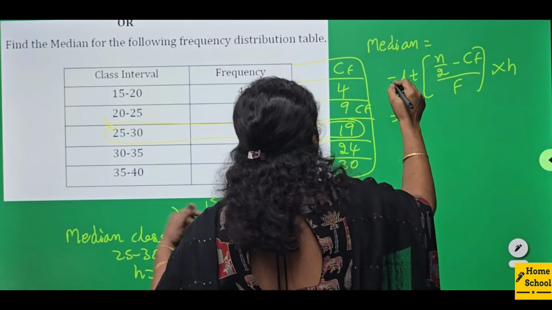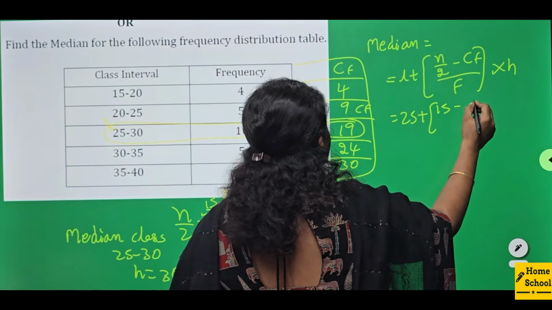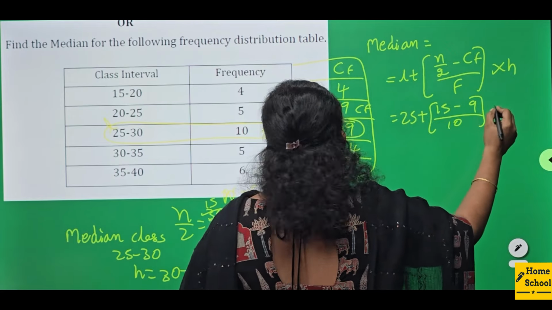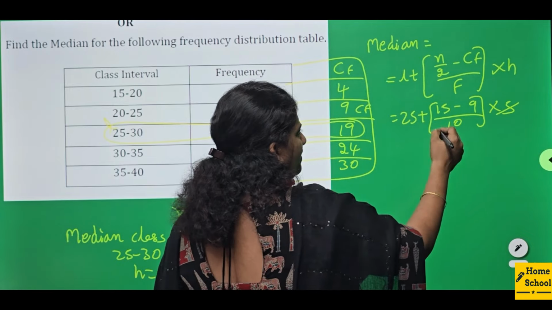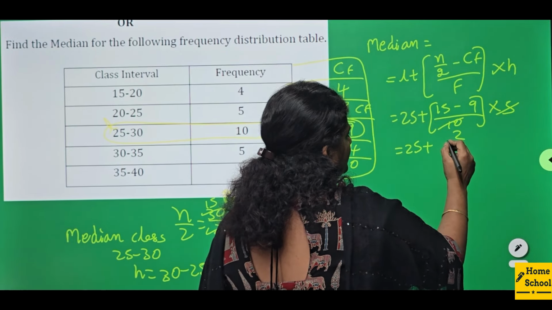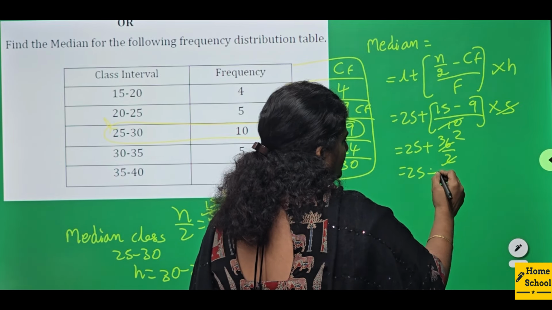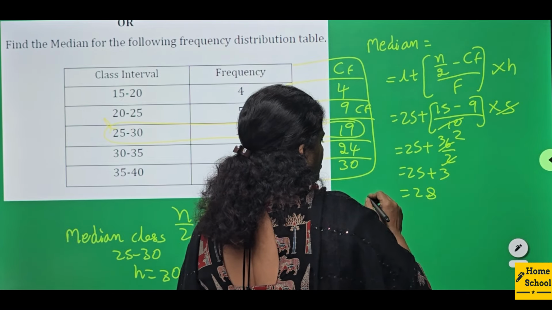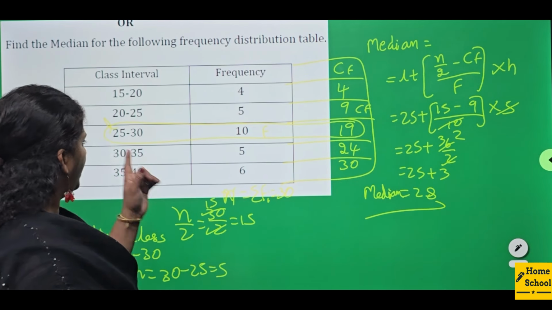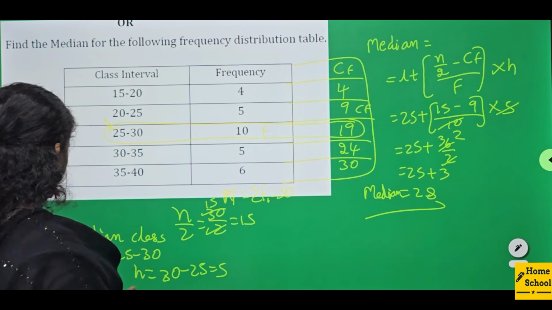That is, L value is 25, plus n by 2 is 15 minus cumulative frequency is 9, and your frequency is 10, into h is 5. 5 2s are 10. 25 plus 15 minus 9 is 6. 6 by 2 will be 3. Therefore 25 plus 3 it will be 28 is your median. Check whether this one is also right or wrong. Median class 25 to 30, your answer is 28. Yes, it is correct.